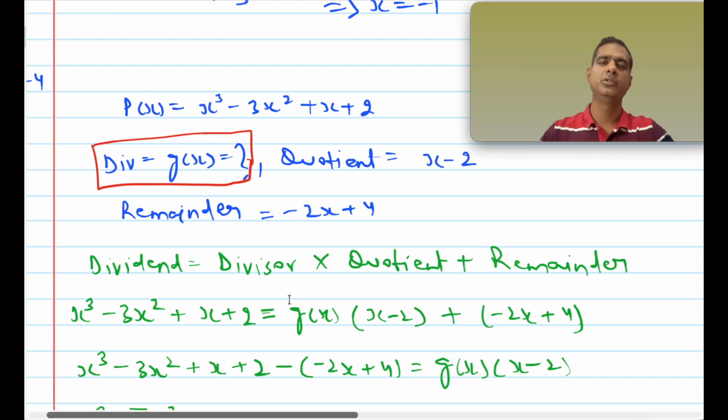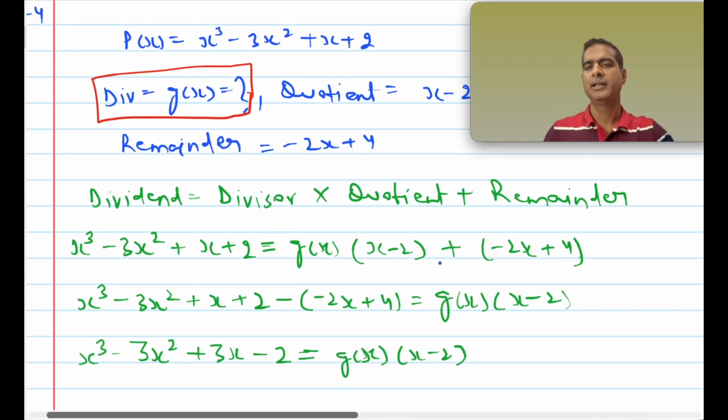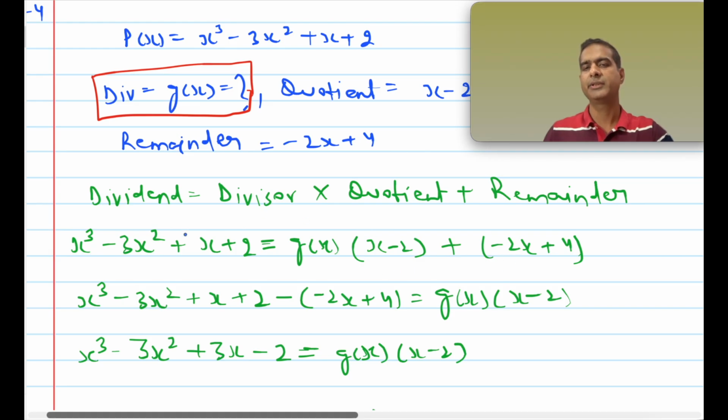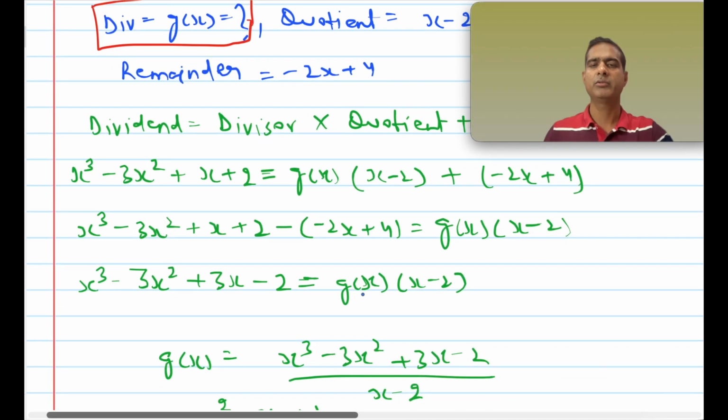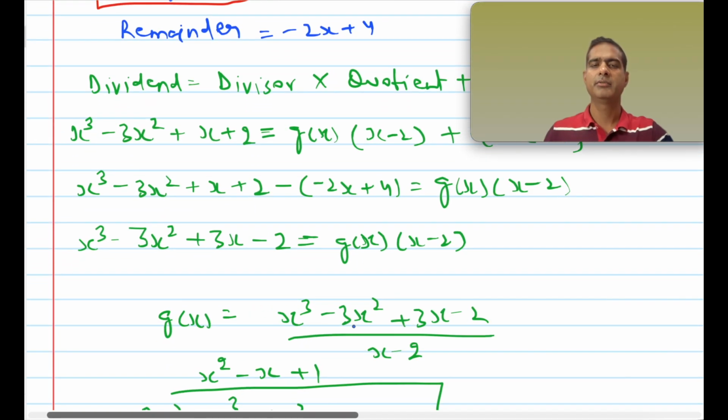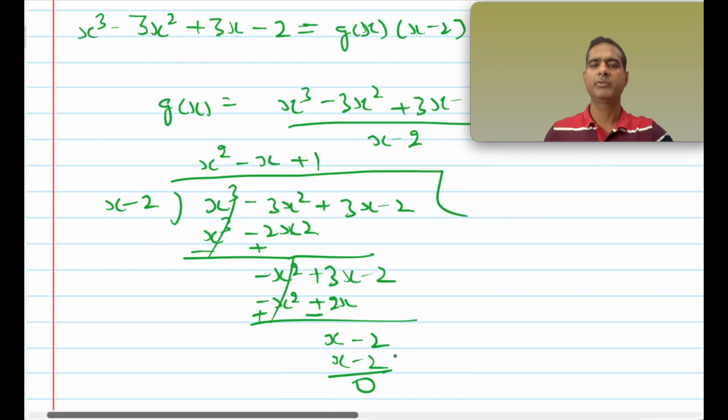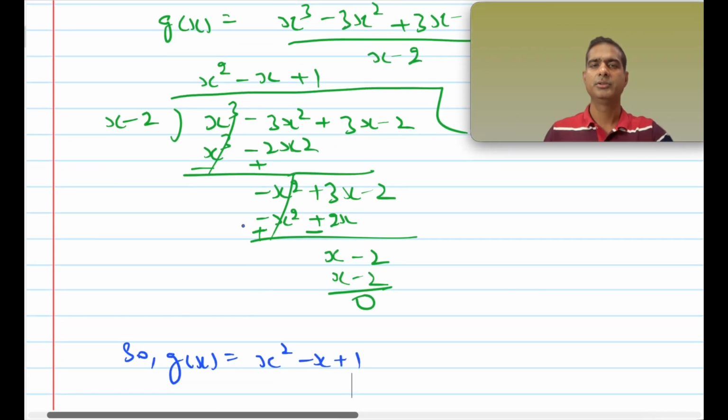So we used the relationship between dividend, divisor, quotient and remainder, and then shifted everything to the left hand side, and in the last, to find the value of g of x, we divided the given polynomial by x minus 2 and got g of x as x square minus x plus 1. So in this way, students, we finished all the exercises, questions and concepts from the NCERT book. Some questions I left as practice for you.